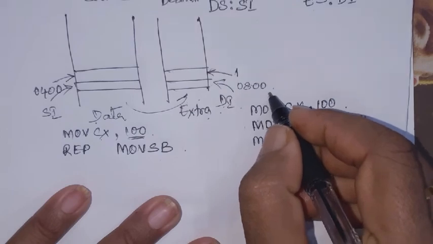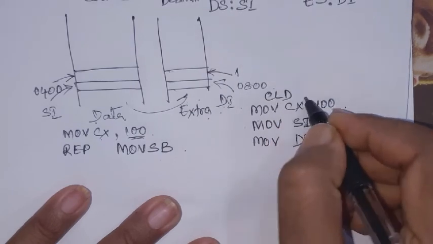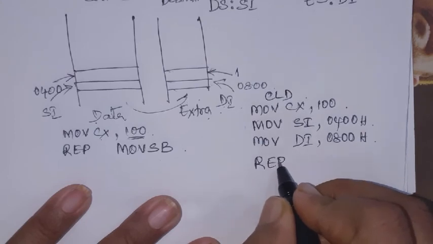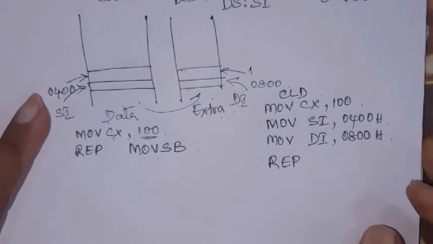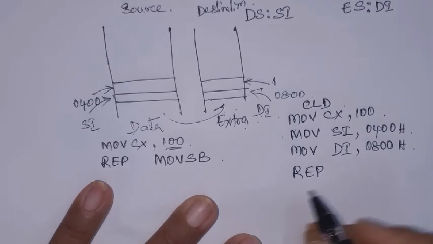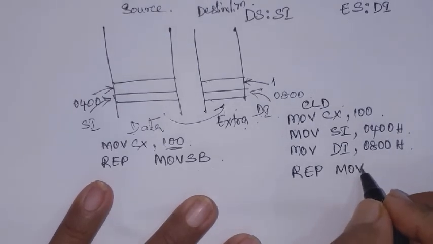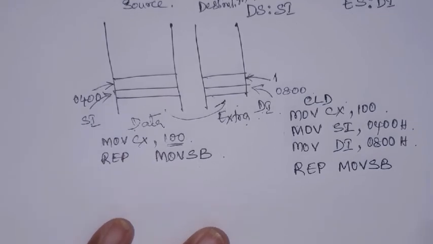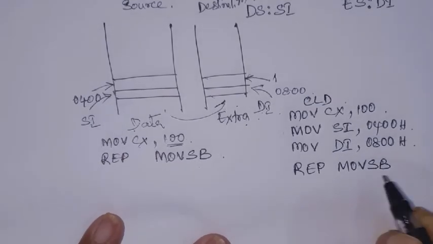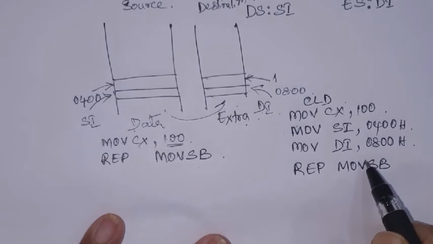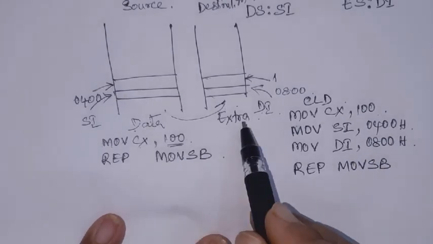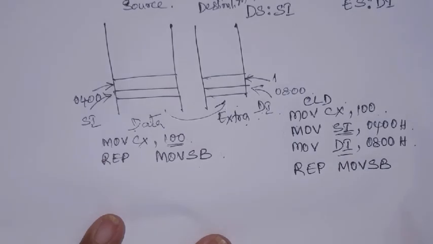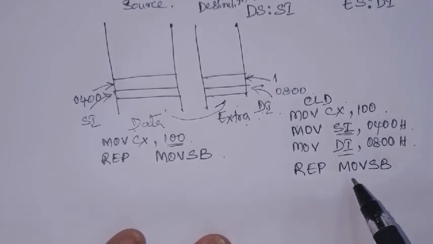Then clear the direction flag, and then you use the instruction repeat move string byte. With this instruction, 100 bytes are transferred from source to destination by incrementing the contents of SI and DI automatically by 1.